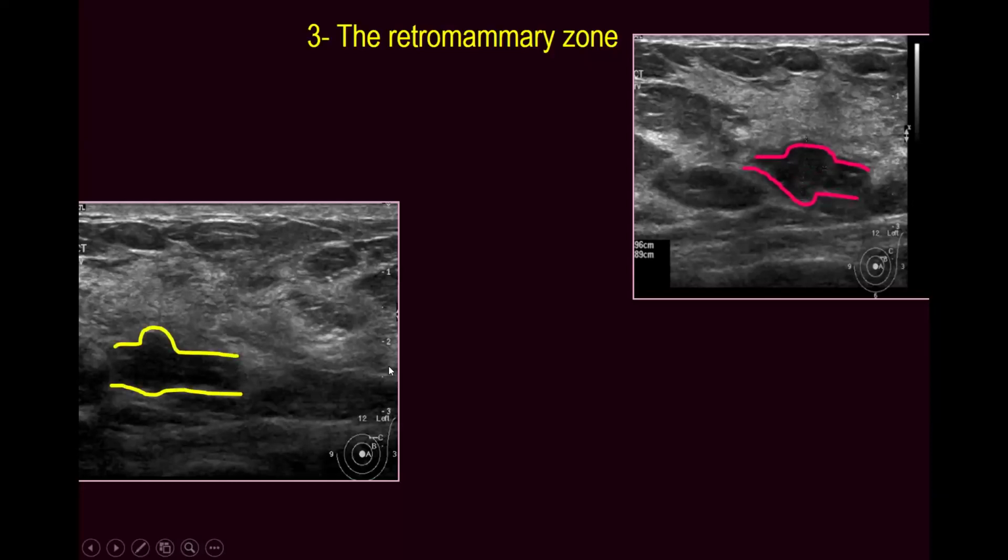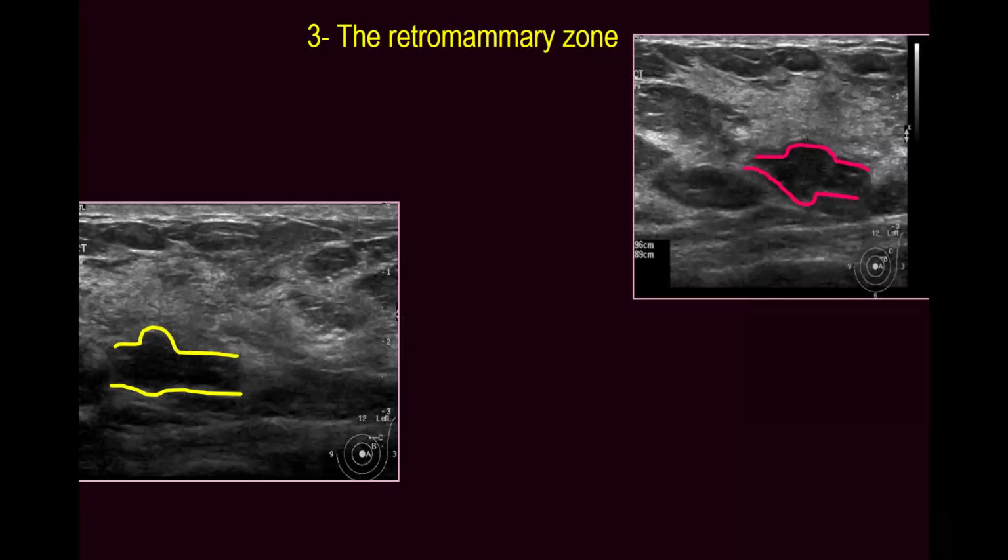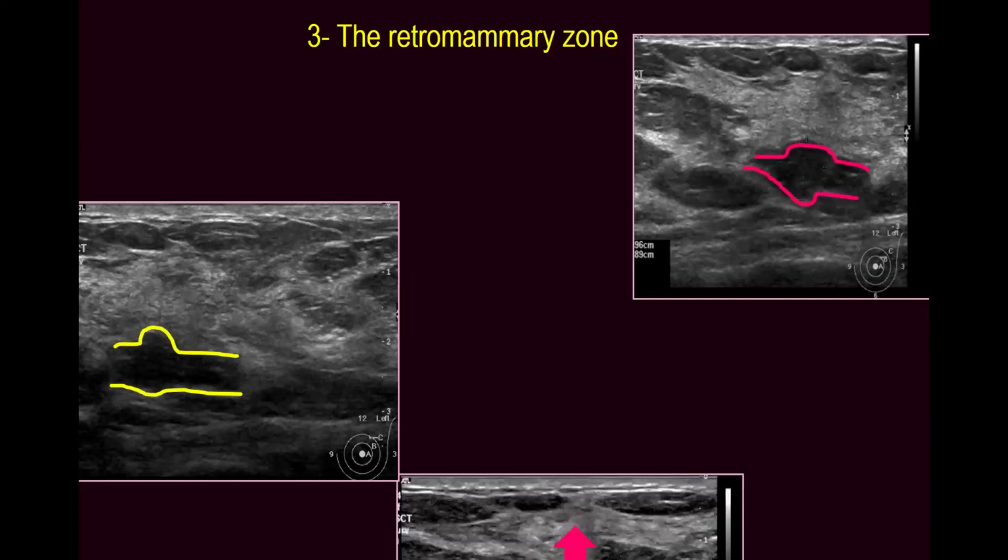Okay, that is the lesion. It looks difficult, like the primary fat. Yes, it is iso. It is retromammary and it was iso. And it was not palpable. It was not palpable, you see.